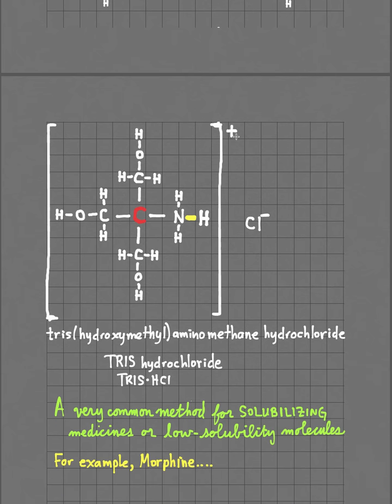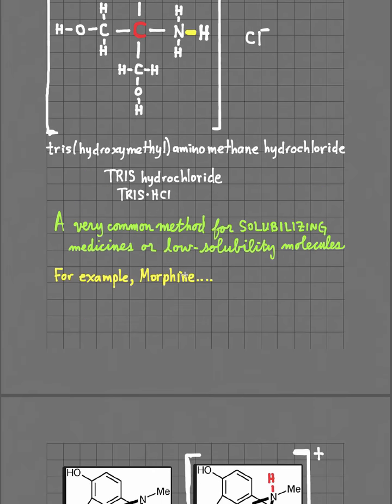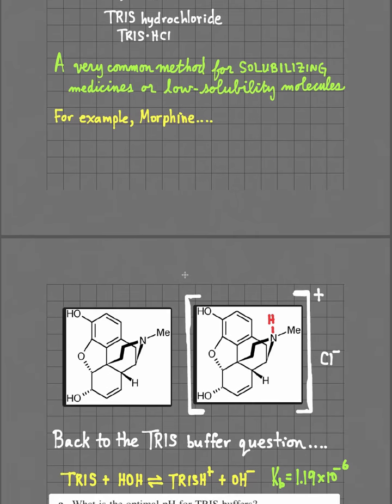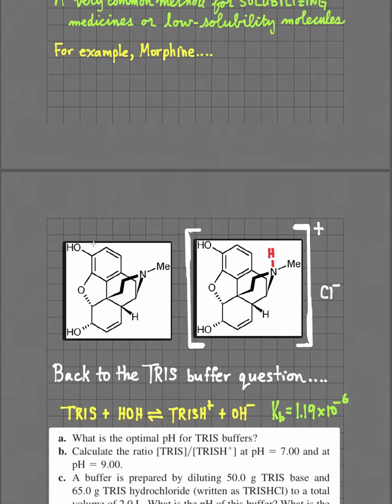Now that hydrochloride ionizes the molecule and allows it to become more soluble in water. It's a common way for solubilizing molecules that could be medicinal. Here's a common, super strong pain medicine where I take this structure not protonated and add an H plus to it.